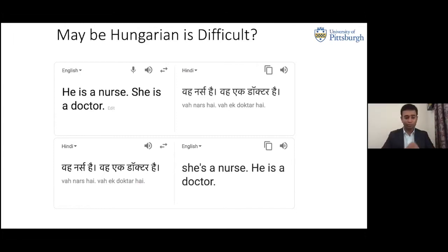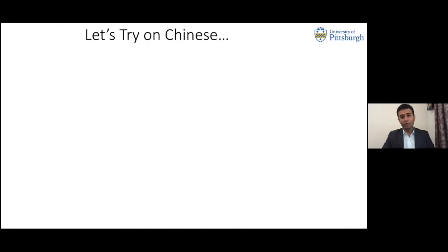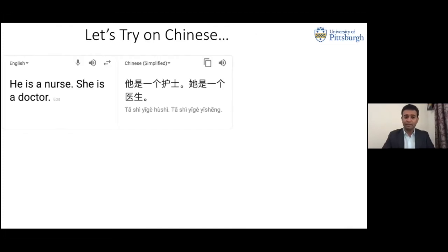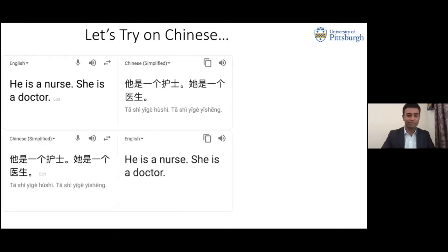So I wanted to further verify this. I thought, let me find some example in which this problem will not happen. I found that in Chinese, and there are some Chinese friends in the audience, so they can verify that this is a correct translation, this thing doesn't happen. "He is a nurse" stays "he is a nurse," and "she is a doctor" is still "she is a doctor."